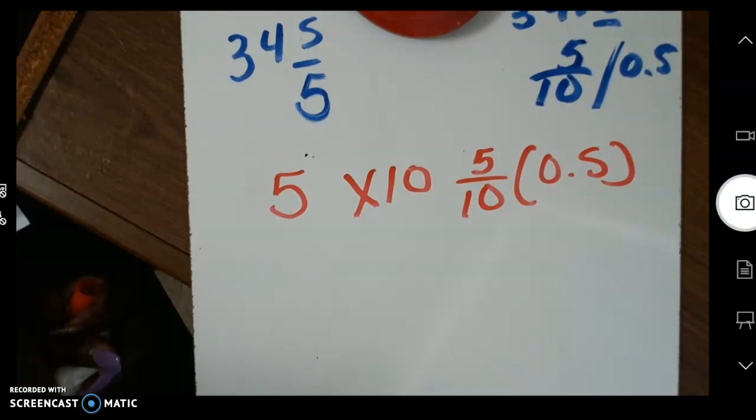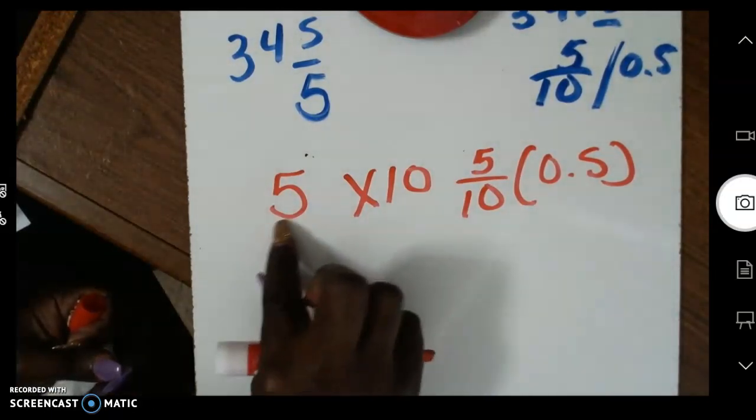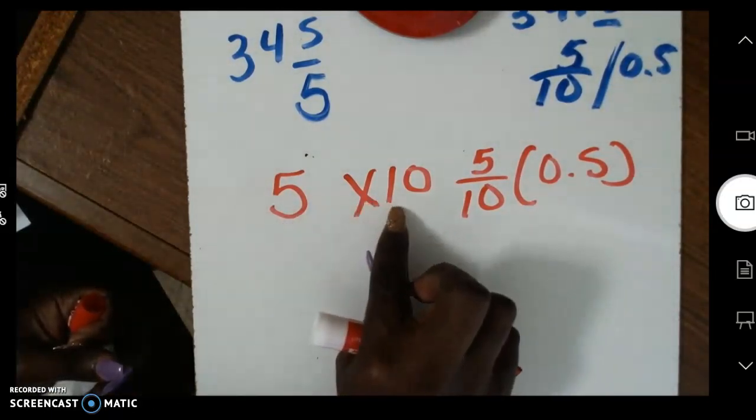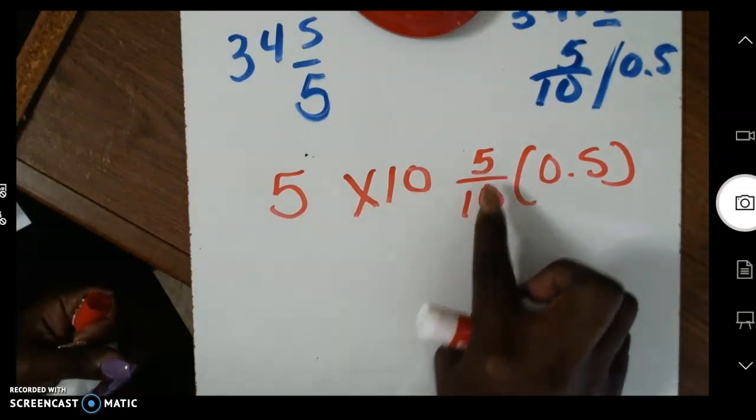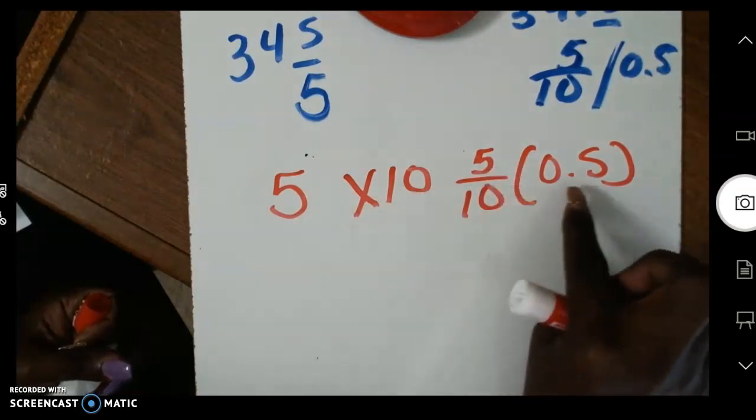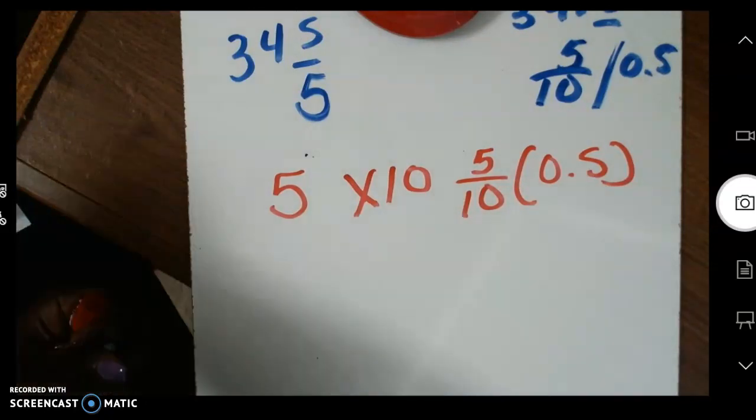The 5 decreased 10 times to 5/10, or you can write it in decimal form, 0.5.